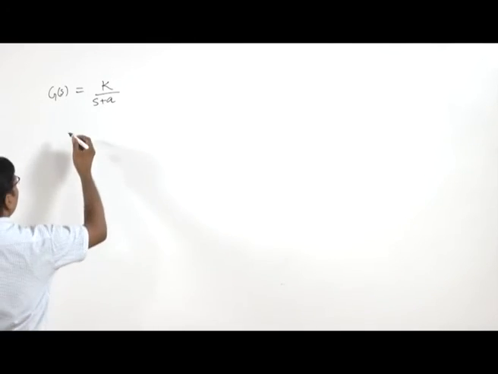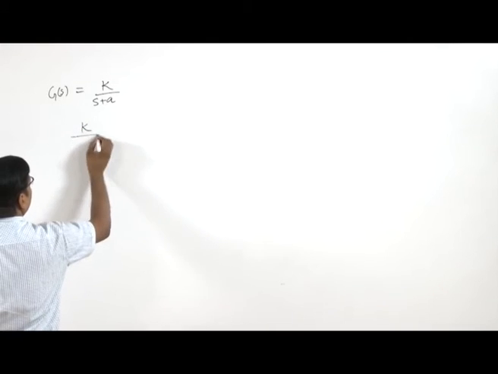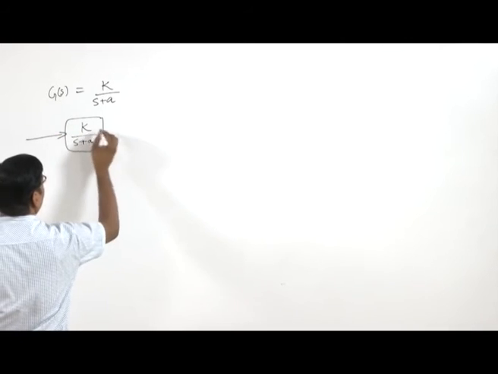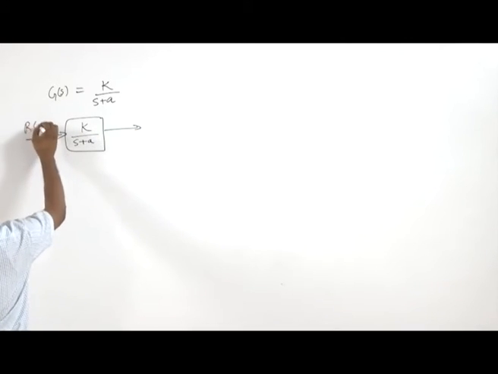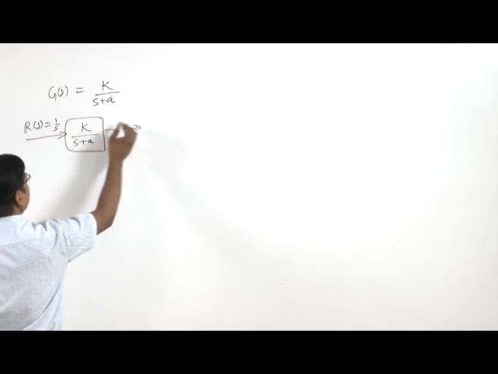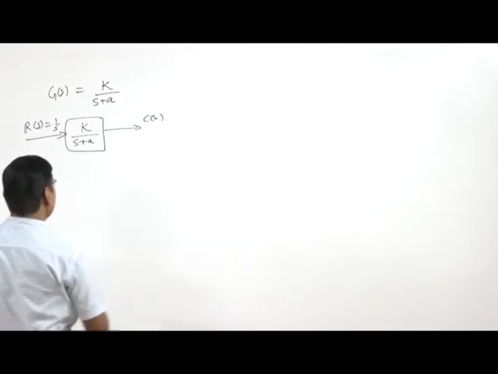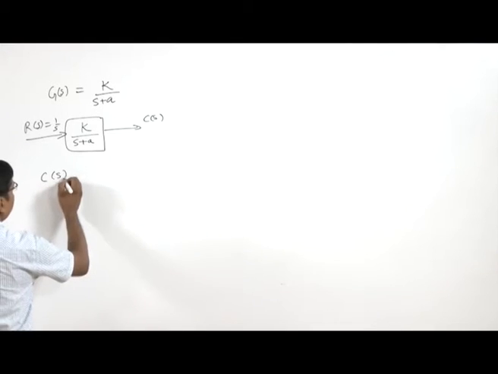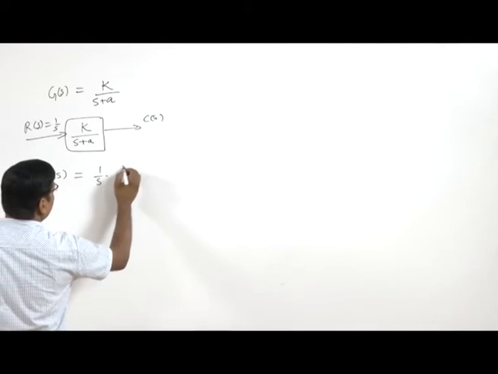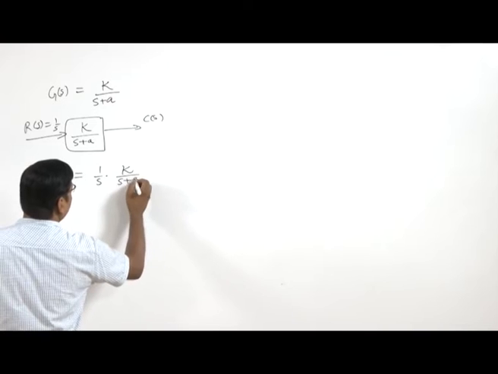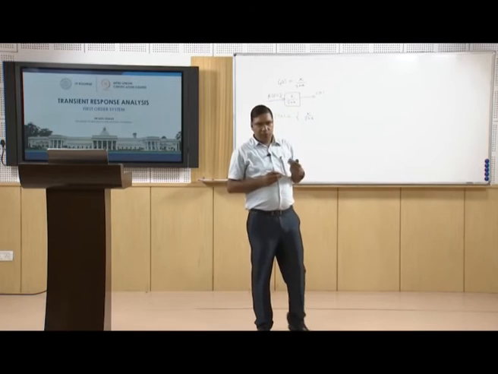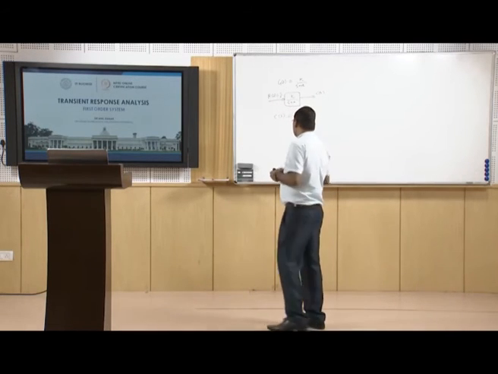And we have this step input R(s) that is equal to 1 by s, and this is C(s). So, here C(s) equal to 1 by s into k by s plus a. This is the most general transfer function of a first order system.